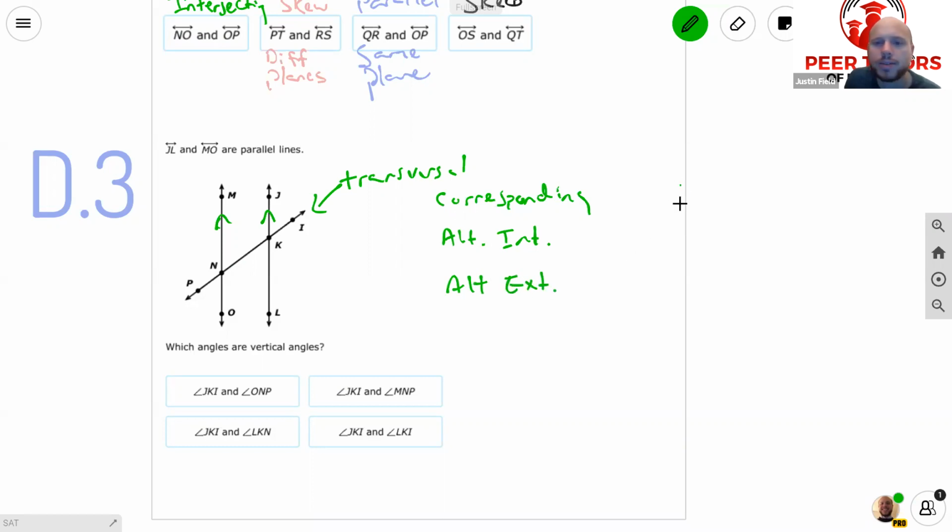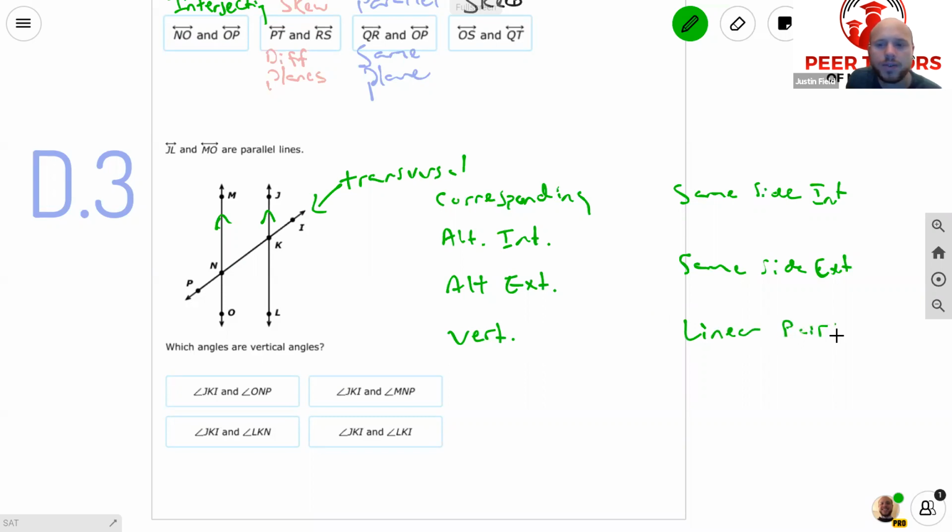We have same side interior angles, and we have same side exterior angles. And so yeah, we got the 5 there. And of course, like the question says, vertical angles, and we're also going to have linear pairs.